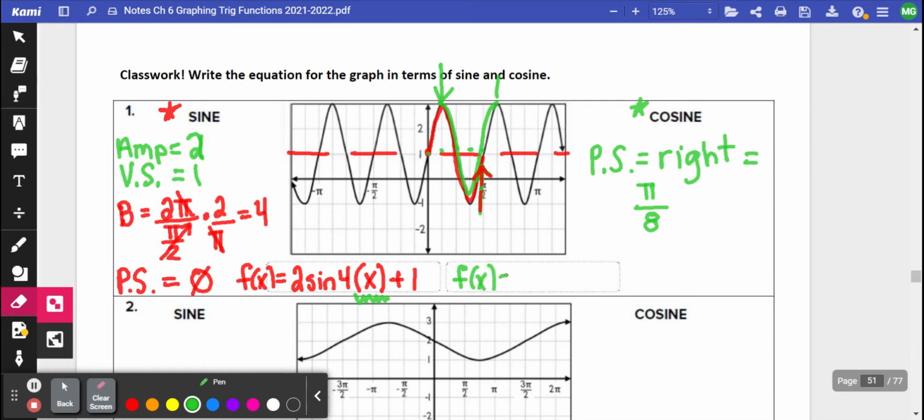So f of x equals 2 times the cosine of 4, and now this one moved to the right pi over 8 units. So we'll have x minus pi over 8. Remember, it's the opposite in there, plus 1. Okay, so when you figure out most of the values, they apply to both of them except for your phase shift.